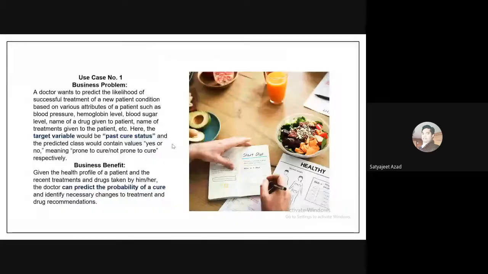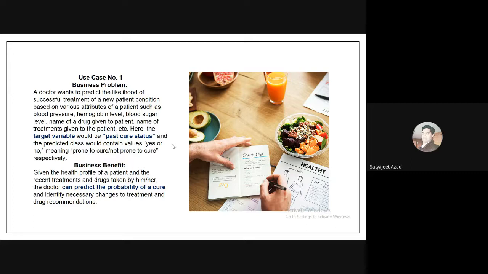Okay. So now, I have taken this case just to let you know how logistic regression works. I am trying to build some theory around logistic regression. Before you apply logistic regression, try to understand a business problem where you can apply it. For example, a doctor wants to predict the likelihood of successful treatment of a new patient, based on historical data.